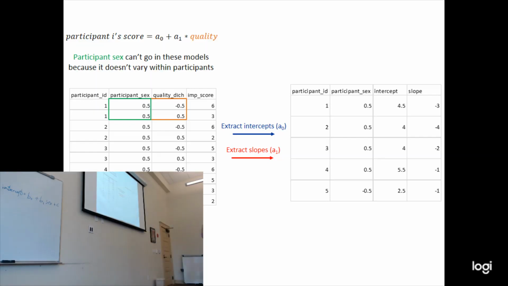Okay, so let's think about the slopes. This is this other derived value that we got from our individual participant models. What do you think the model is going to look like for these slopes? Well, so let's think about where we were before.